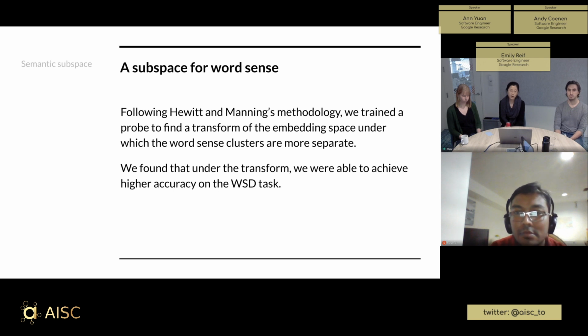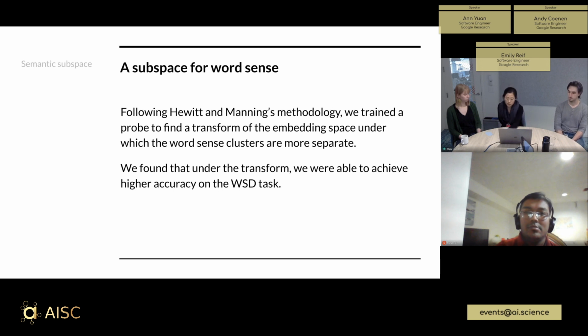Rather than optimizing for resemblance to tree distance, we optimized for distances between embeddings for words of the same sense to be closer to each other. So we tried to find a subspace where the embeddings for different senses of a word would be farther apart and embeddings for words in the same sense would be close together.